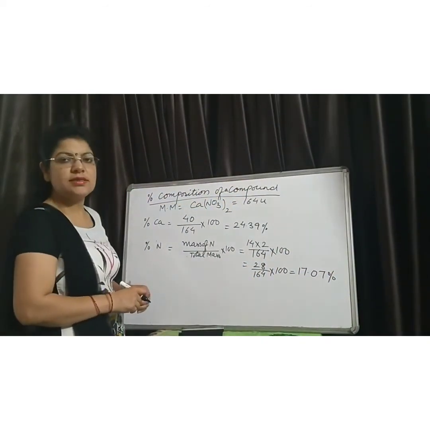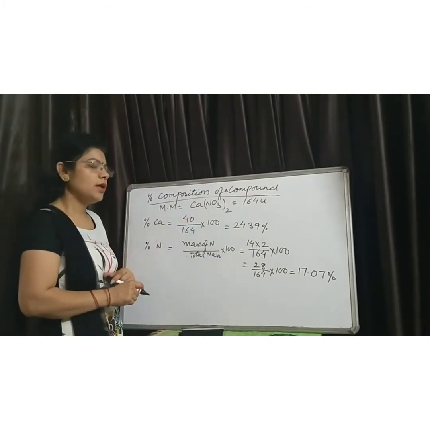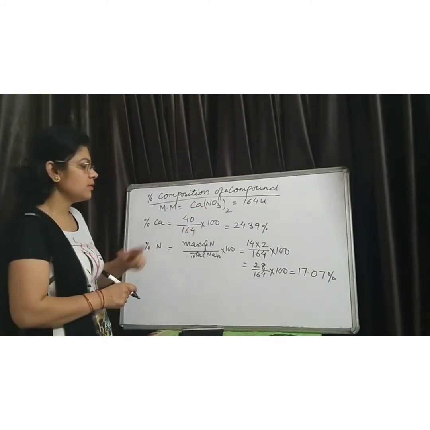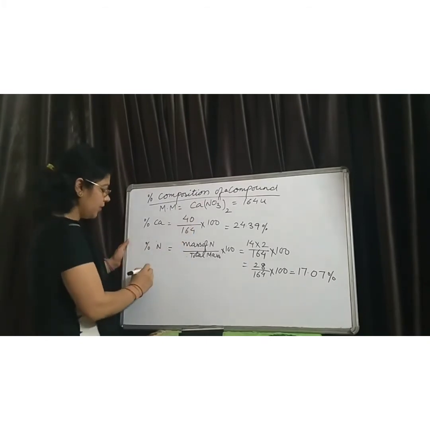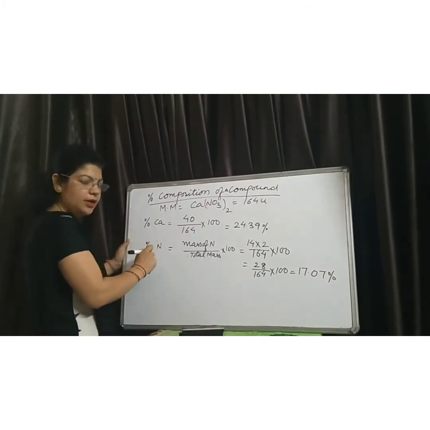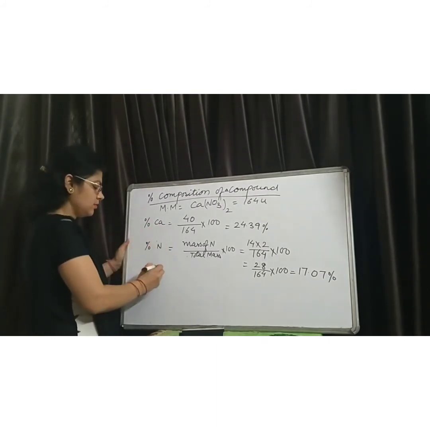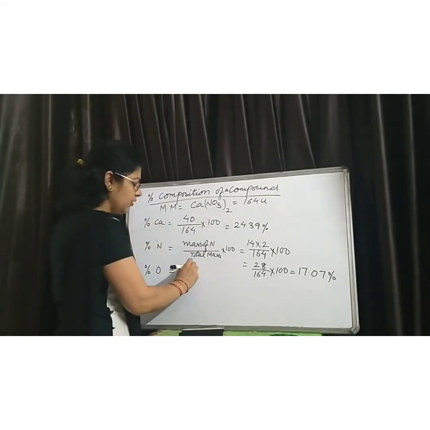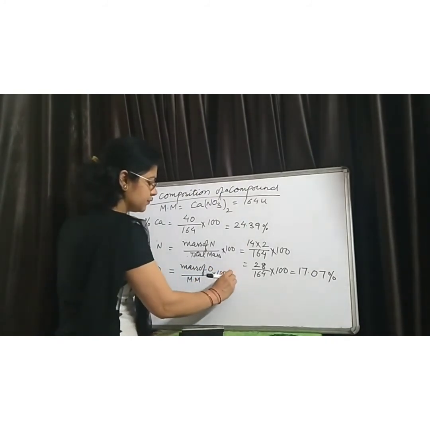And the last element present in this compound is oxygen. There are two methods to calculate the percentage of the last element. The first one is the same as for calcium and nitrogen: percentage of oxygen is mass of oxygen divided by total mass or molecular mass, multiplied by 100.